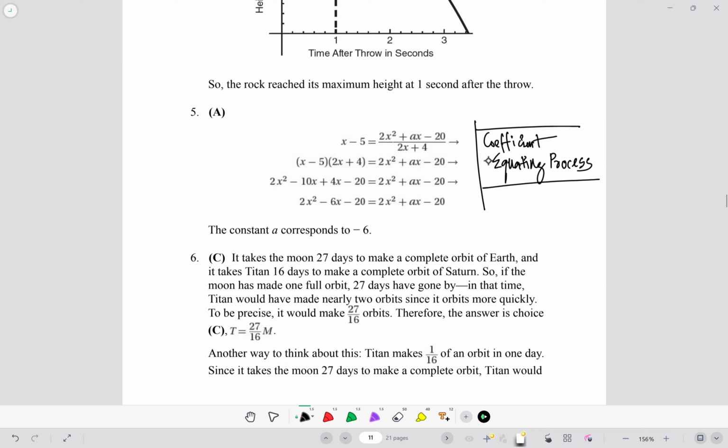Coefficient equating process is basically, just look at this last line, okay? The coefficient equating process is the last line that they're trying to do.